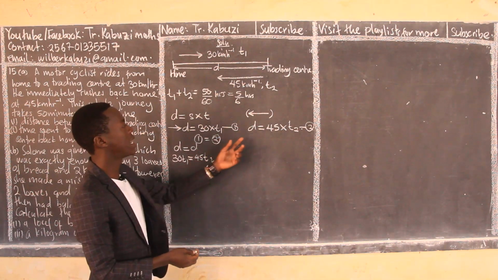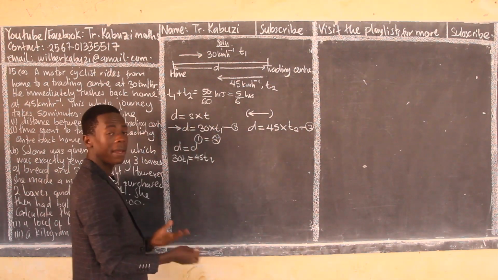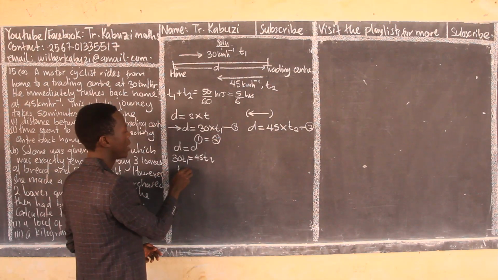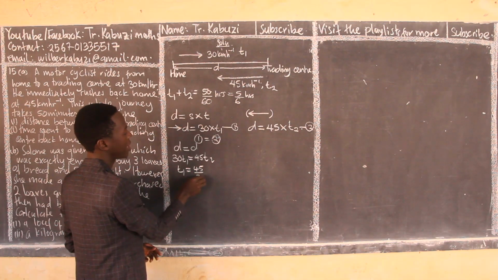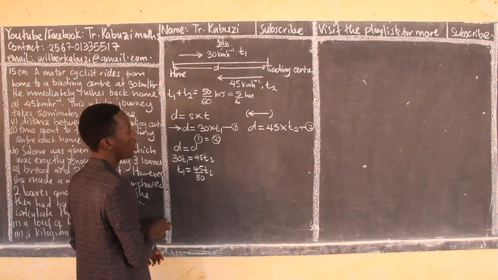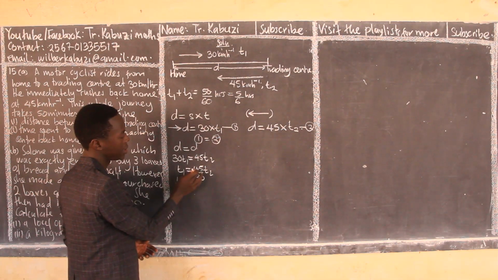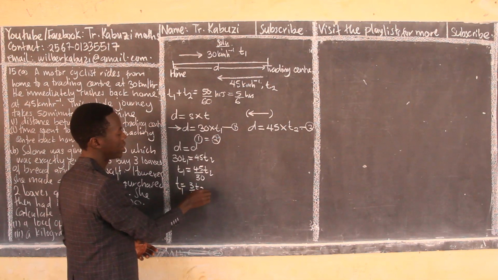You could just make time the subject, then you substitute there. There are many methods, so it's up to you. Then if I divide here, my T1 will be equal to 45/30 T2, which I can simplify, by 15, so that my T1 becomes 3/2 T2.